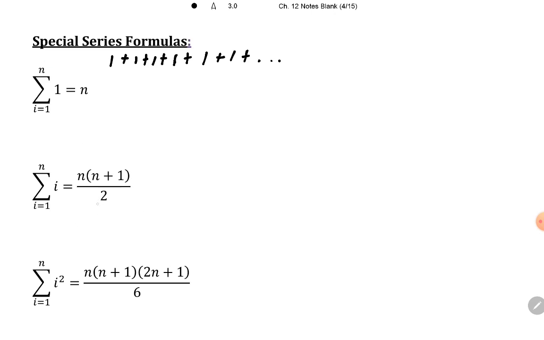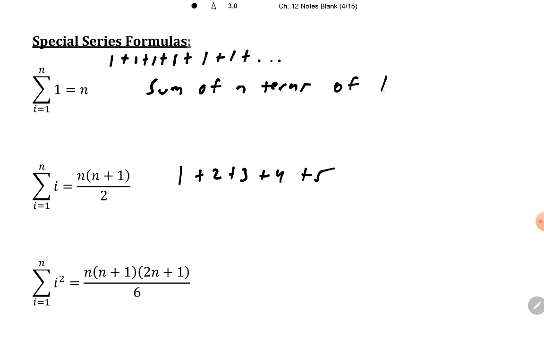This next one is the sequence 1 plus 2 plus 3 plus 4 plus 5. So just to review, the first is the sum of n terms of 1.